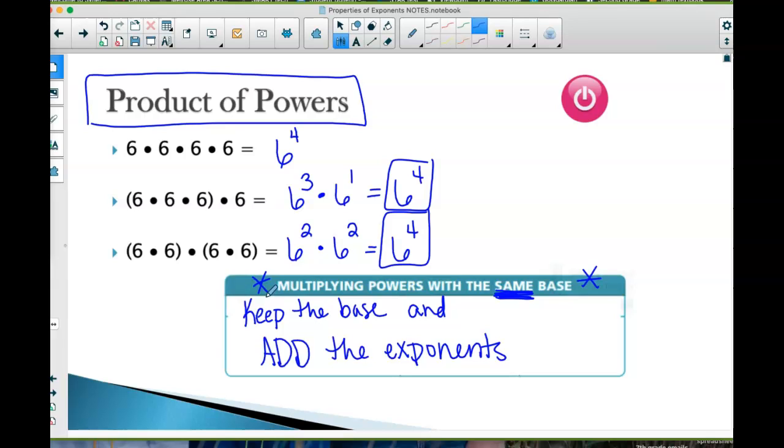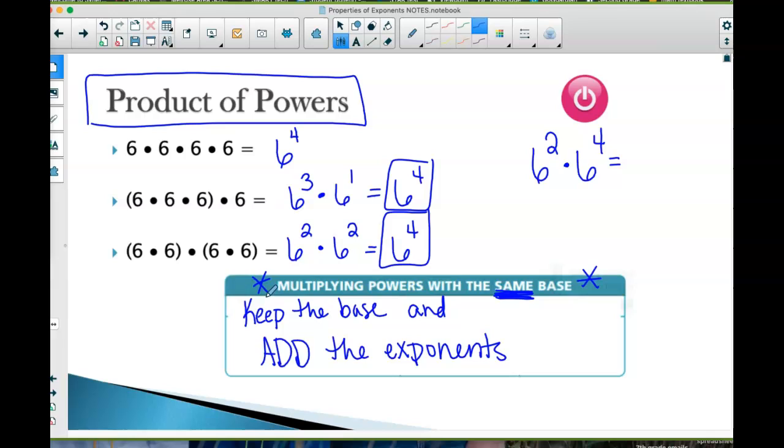So you're going to see problems on your homework today that look like this. 6 to the 2nd power times 6 to the 4th power. If you were going to put an example in your notes, I'd write this down. 6 to the 2nd power times 6 to the 4th power. Now, the base number's the same.